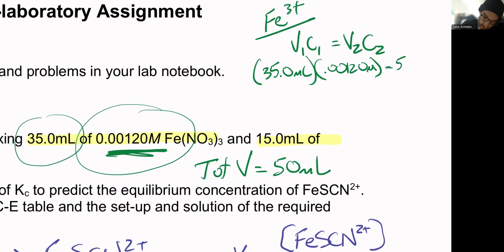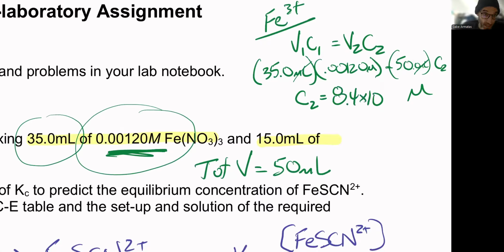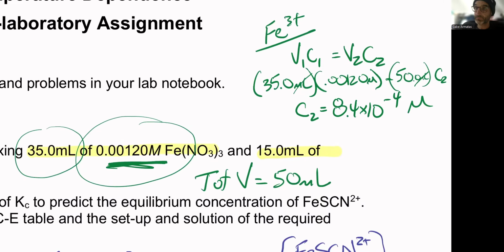My new volume is 50 mL. I want to know my new concentration. If I solve for concentration, mL cancels, leaving behind molarity. For iron, I end up with a value of 8.4 times 10 to the negative 4. There's my concentration of iron.